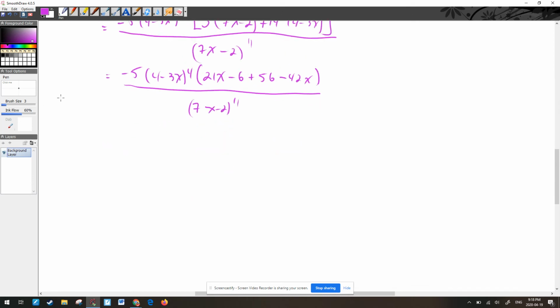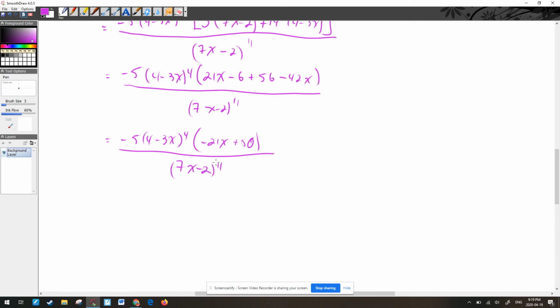Okay. And we're almost there. So negative 5, 4 minus 3x to the fourth bracket. So we got 21x minus 42x, so that's negative 21x. And negative 6 plus 56 is going to be plus 50. All over 7x minus 2 to the 11th.